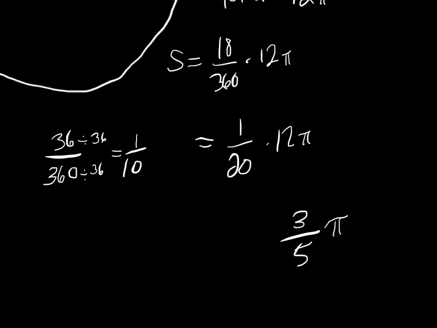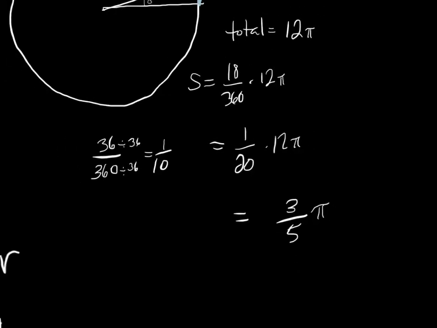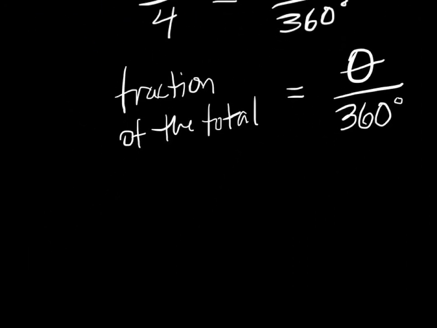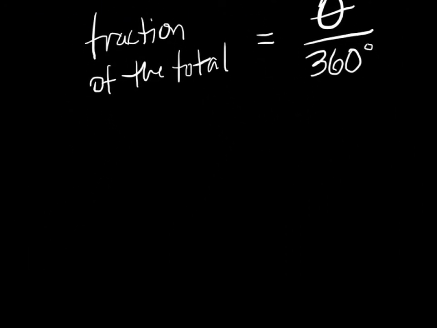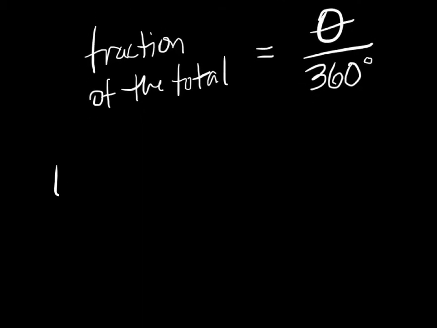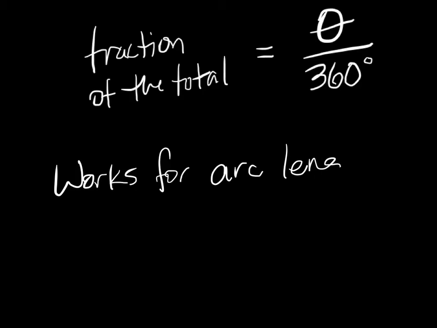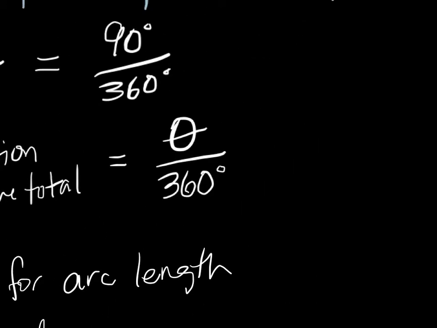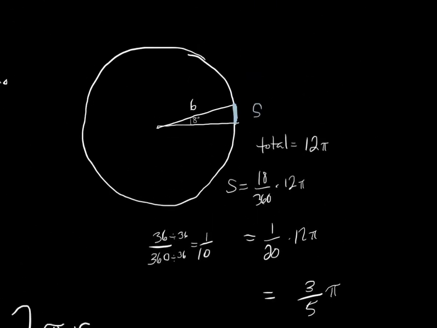Got it? Okay, so the general technique is to use this idea right here. The fraction of the total is theta over 360. This works for arc length, and it works for area. So as an illustration, we can go back and do this problem right here.